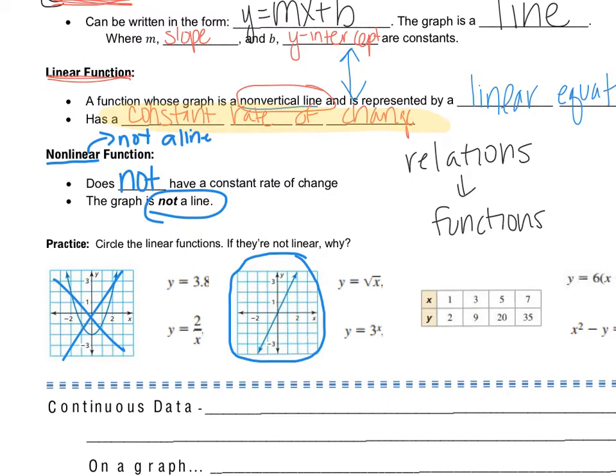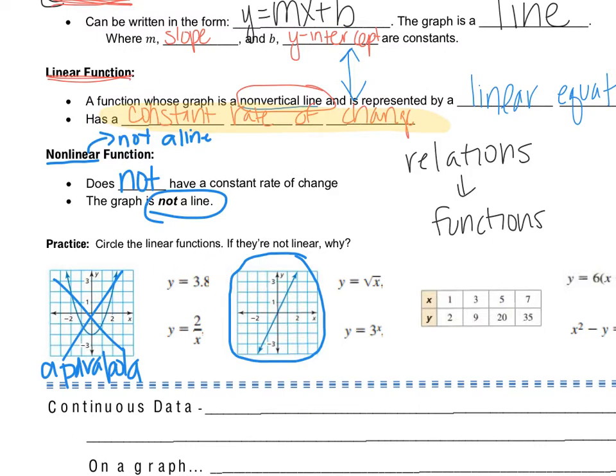Okay. So let's look back at the first one that wasn't linear and ask why it wasn't linear. This is not linear because it's a parabola. That's what shape we call this. This funny looking curve, this graph, is called a parabola. So if I look at this next one, y equals 3.8.